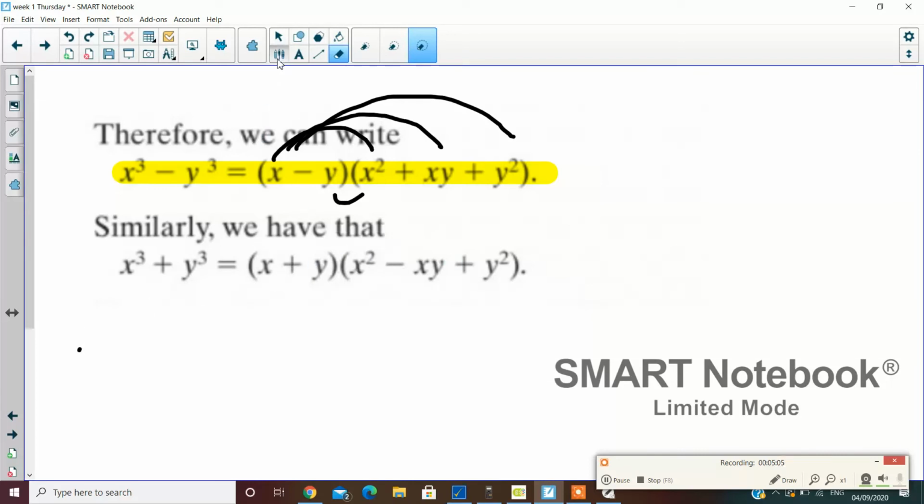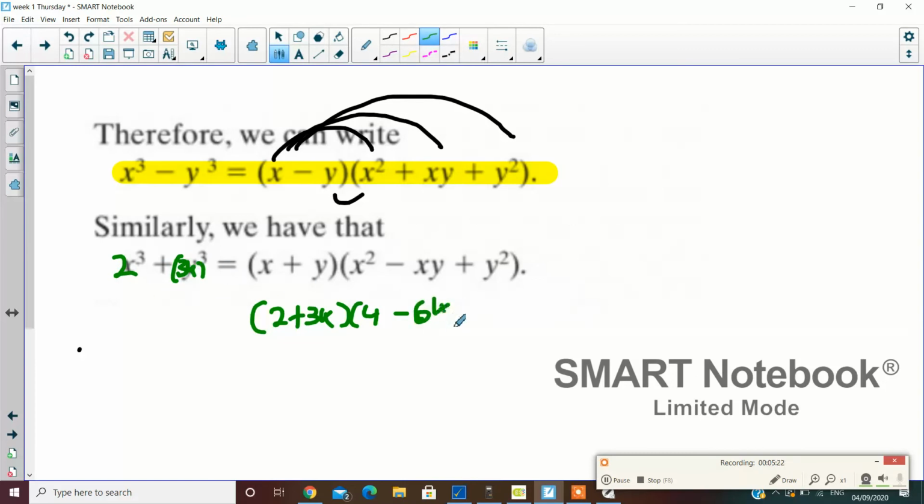Instead of x, what do we have? 2 cubed, and instead of y, we have? So give me the answer. 2 plus 3k, 2 squared is 4, 6k, and then 3k squared, 3k multiplied by another 3k.